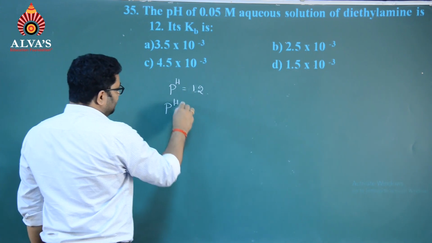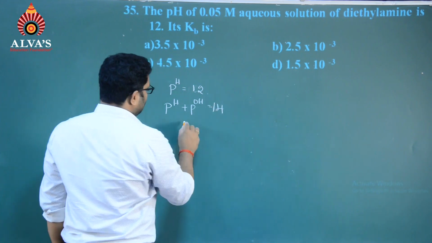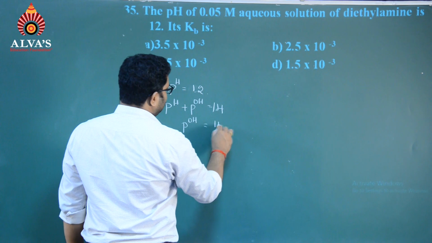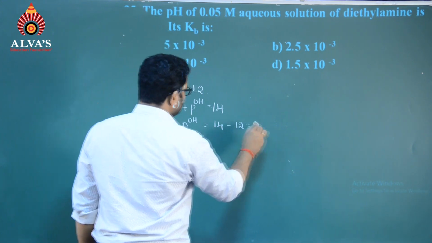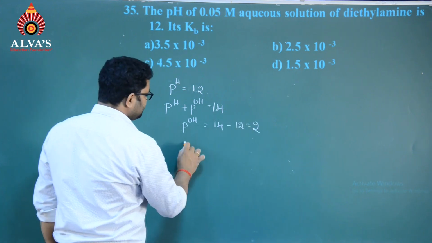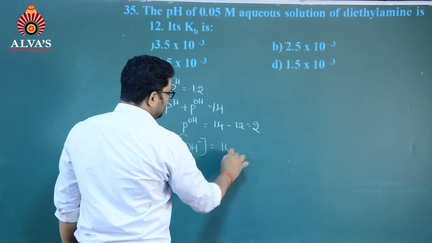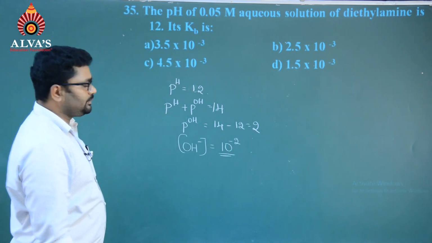We know that pH plus pOH is 14. So pOH is 14 minus 12, which is equal to 2. pOH equal to 2 means the concentration of OH minus ion is 10 to the power minus 2.